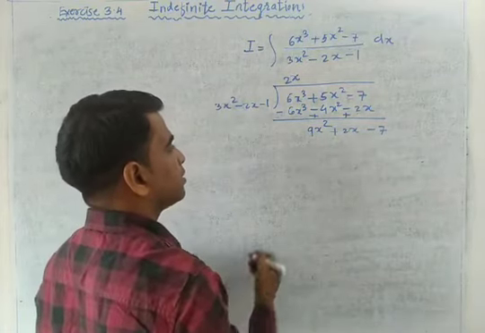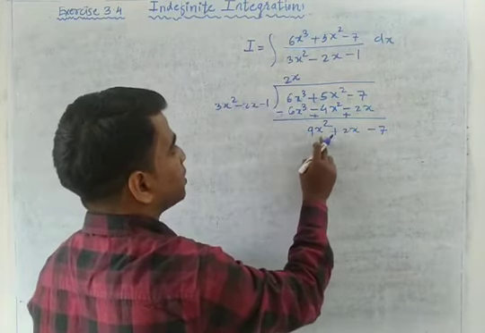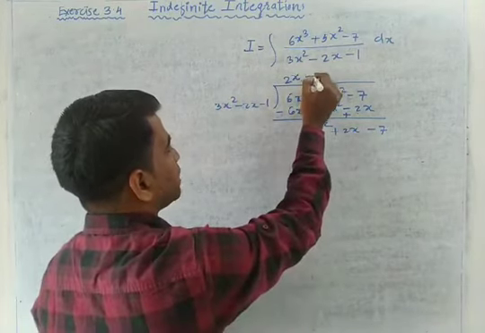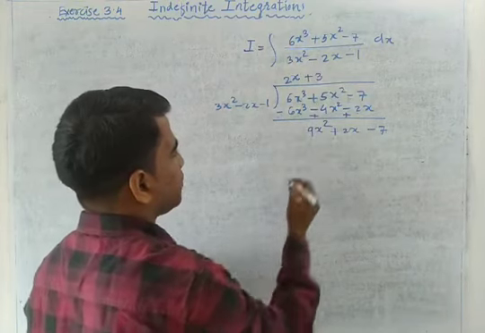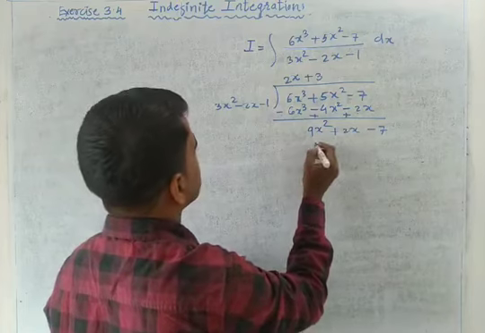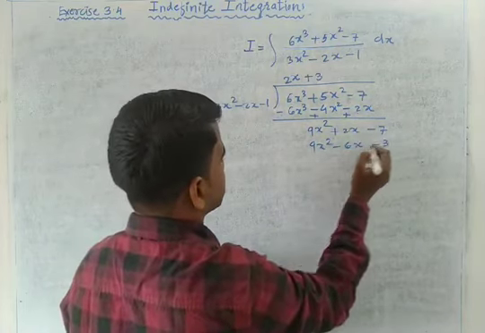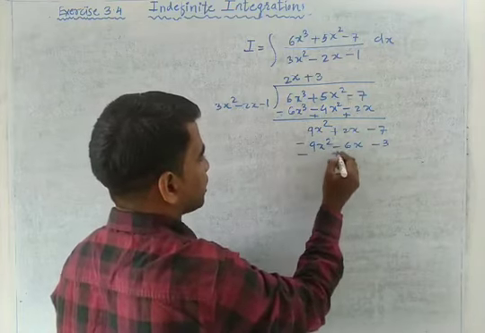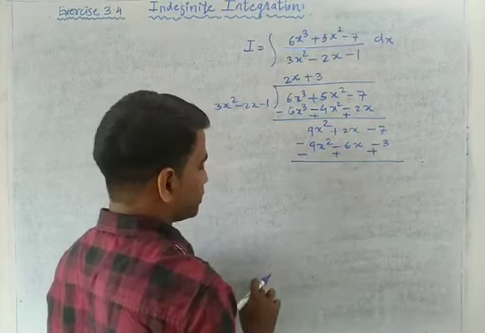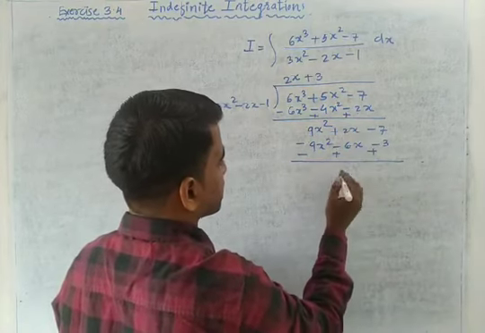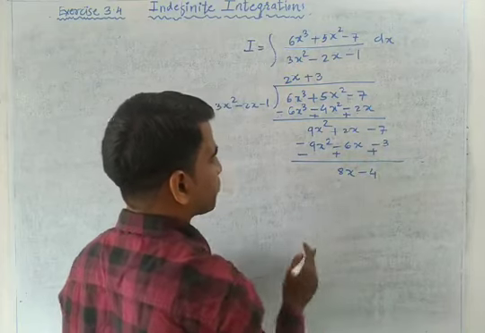Now here we have 3x square and we want 9x square, so we have to multiply with plus 3. When you multiply with plus 3, we get 9x square minus 6x minus 3. Now it is subtraction, so the signs are going to change. So 9x square minus 9x square is 0, plus 2x plus 6x is 8x, and minus 7 plus 3 is minus 4.